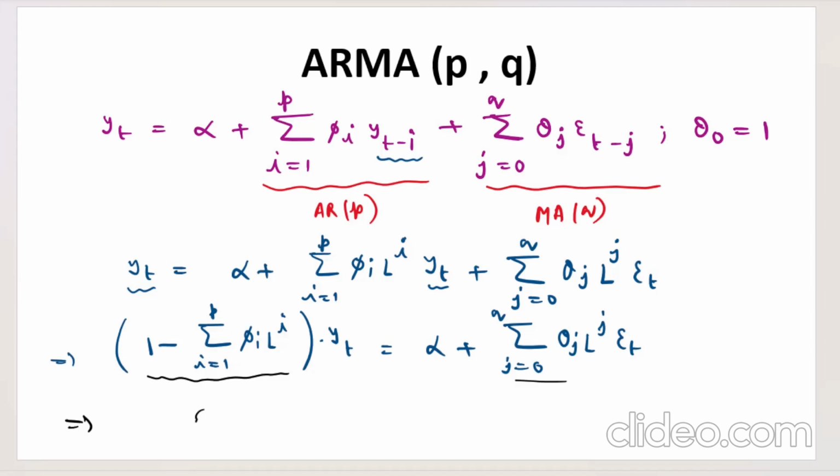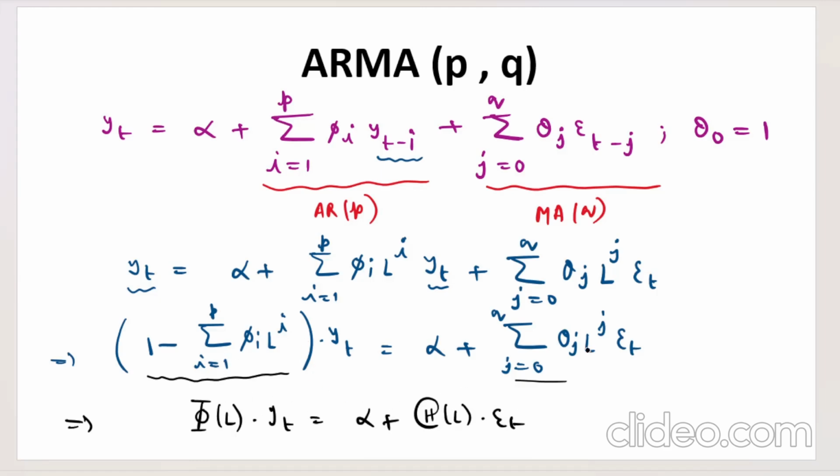So we write it as capital phi L into yt as it is, and here you write alpha plus, this is an expression of only L, again summation theta j L to the power j. So you write it as capital theta L into epsilon t. So this is capital phi L, this is capital theta L.